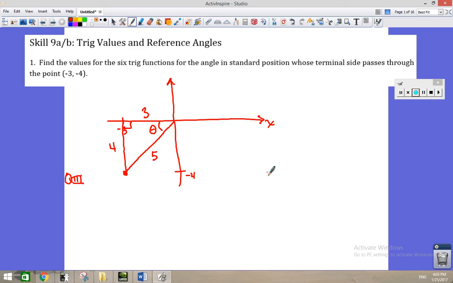Okay, so we have to be careful here. When we find the sine of theta, if I'm just using positive distances and not thinking about the coordinates of this point being -3, -4, I have to be really careful because the sine is the opposite leg over the hypotenuse. 4/5 is what I would get.